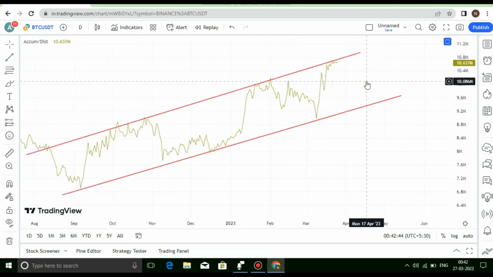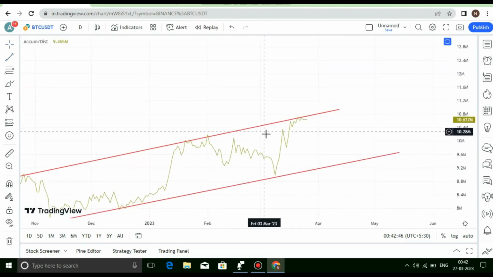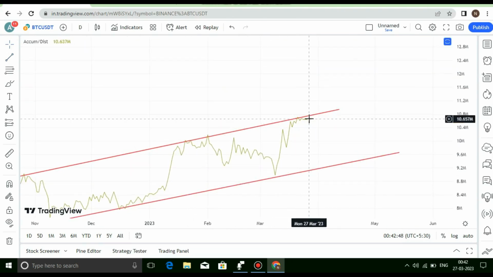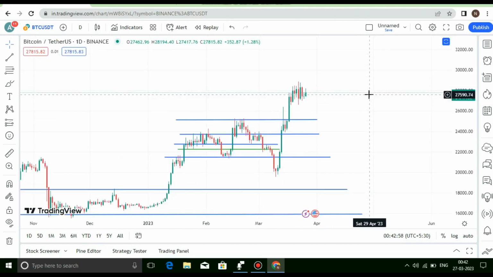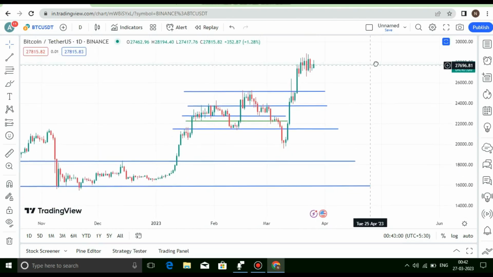But right now the accumulation and distribution indicator is not clear about which direction it should be moving. The market is not moving in either direction. So let's see in which direction the breakout of Bitcoin is going to happen.